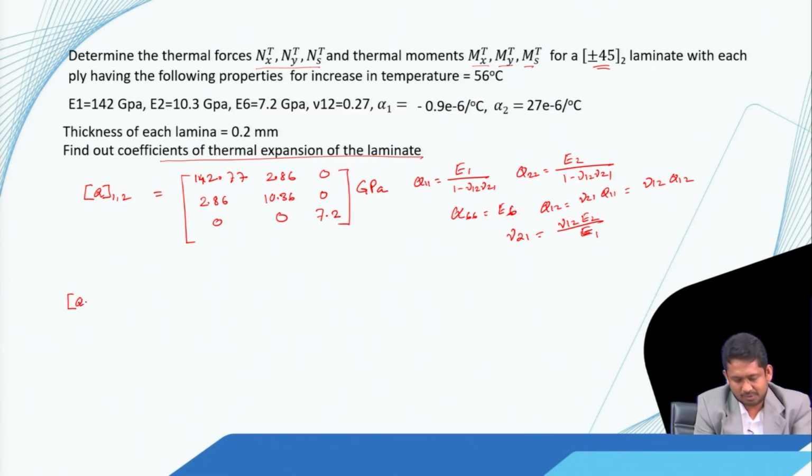Now, we need to find out the Q matrix with respect to the XY system for the 45 degree plies. We already have the transformation relation.